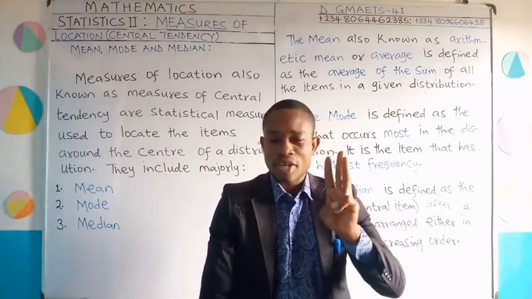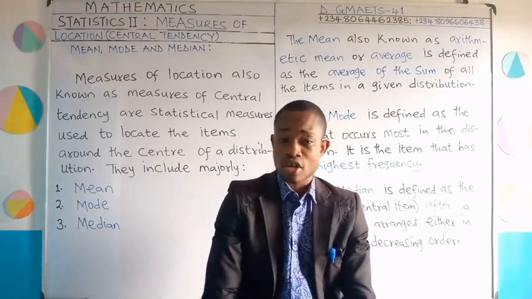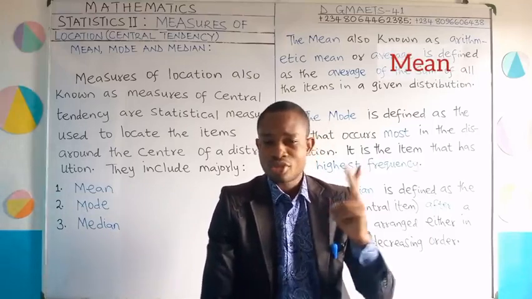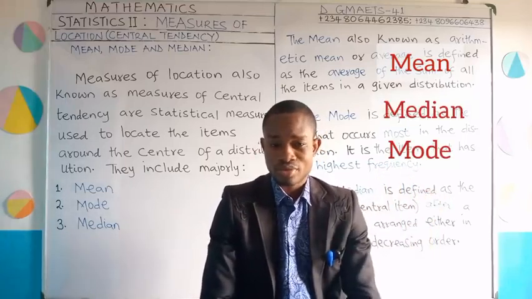There are 3 major statistical measures that I'm going to teach you. At this level, we'll just focus on these 3. One of them is the mean, 2, the median, and 3, the mode.